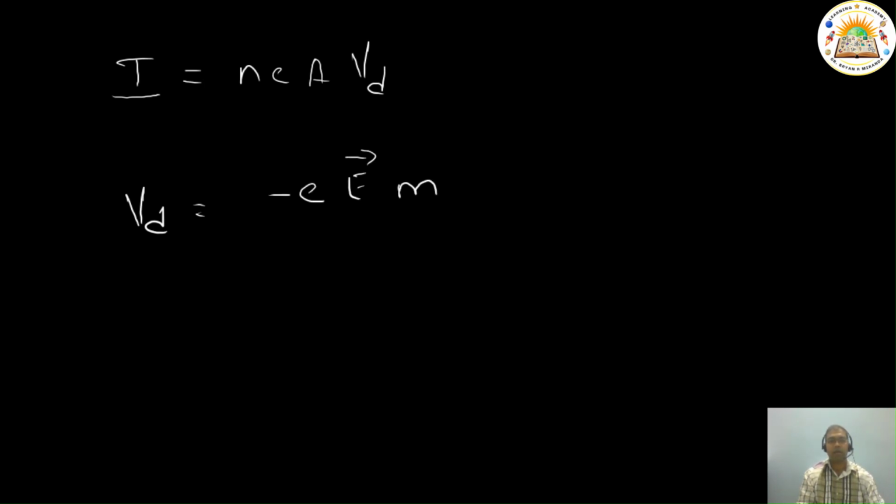Then we went ahead and calculated the drift velocity, that is current that is generated. I equals NEAVd, and the drift velocity was minus eEτ by m. We again went ahead and found out what is the current density.